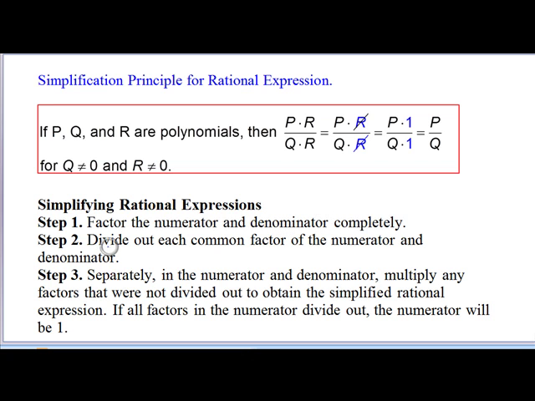Step 2, divide out each common factor of the numerator and the denominator, which is very similar to here where we cancel out the R. Step 3 pretty much says that whatever is left in the numerator and denominator, we just multiply any factors left over that cannot divide out. Now, if all the factors divide out, you will have 1, and the numerator will be 1.